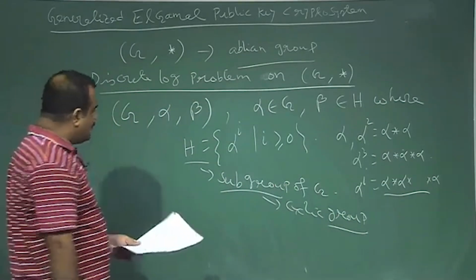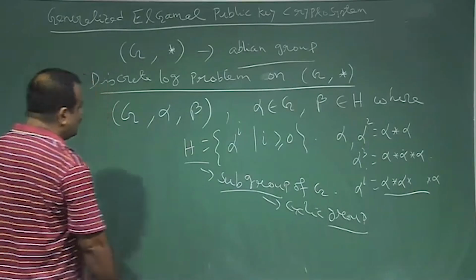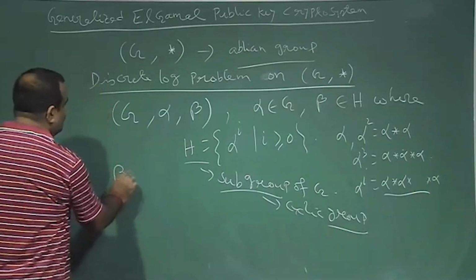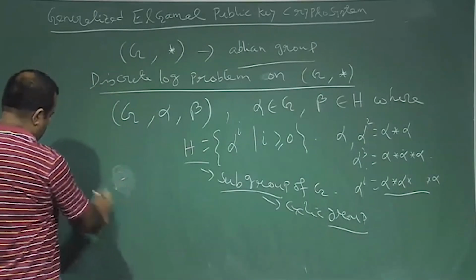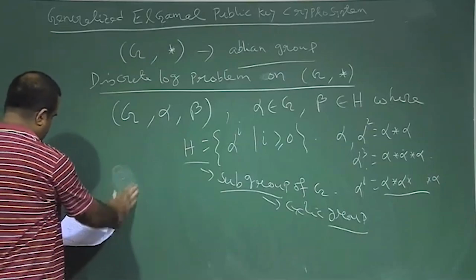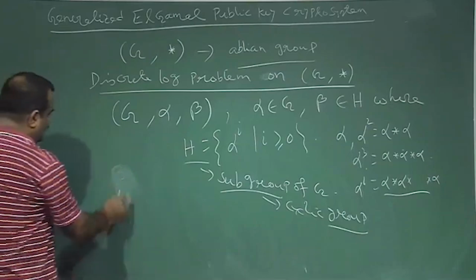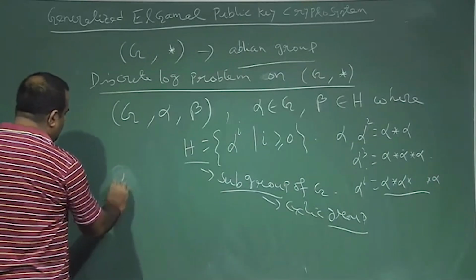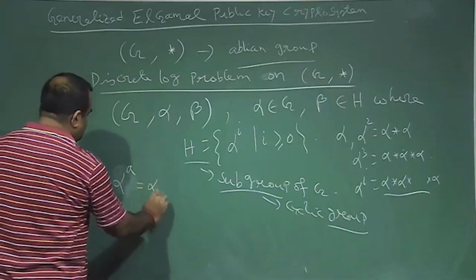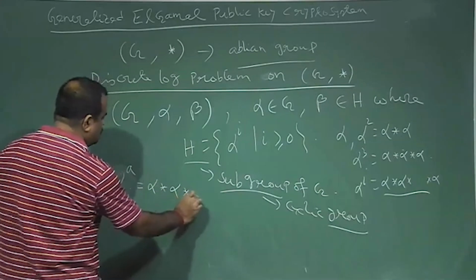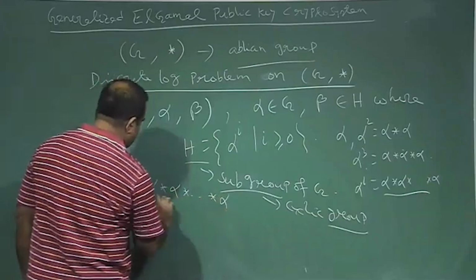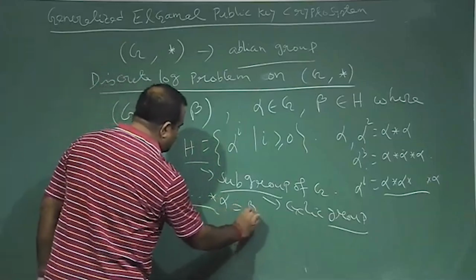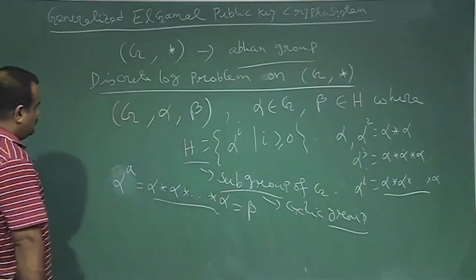Now we define this beta. We choose a and calculate alpha to the power a, that means alpha operated a times. This we call beta.